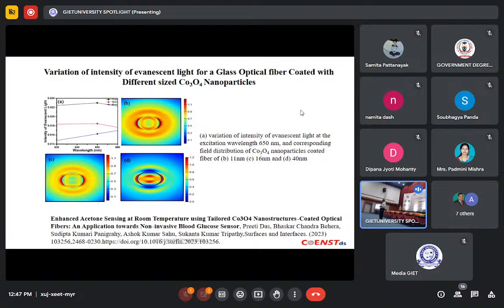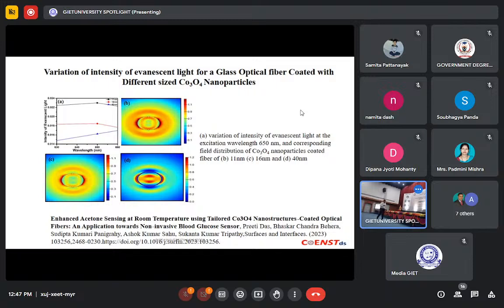Then we put the nanoparticle on this optical fiber. The dimension of the nanoparticle may be 10 nanometer, 20 nanometer, 40 nanometer, like that. Then you vary the size of the nanoparticle and see what is the effect of its size on the light, that means how the light is leaking out with this dimension of the nanoparticle.